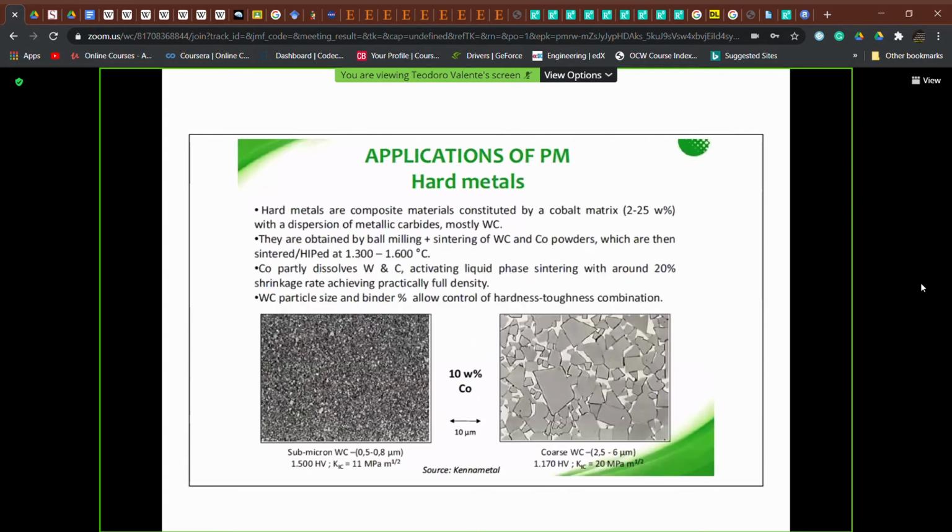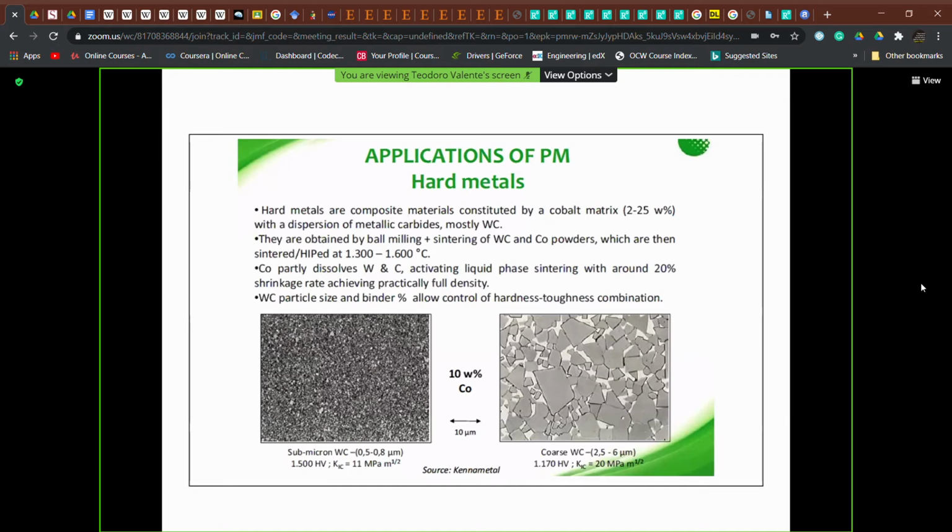Hard metals, we mentioned before, tungsten carbide, cobalt, are also fabricated by powder metallurgy. Essentially, this is the most used combination.